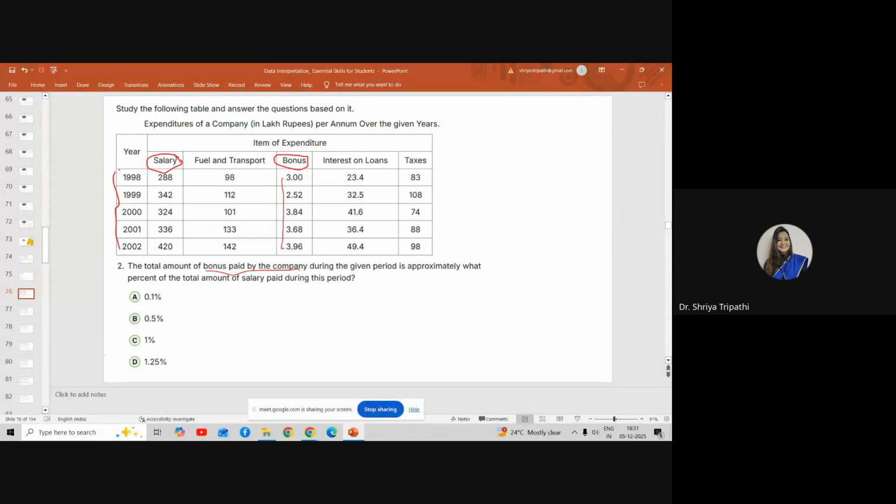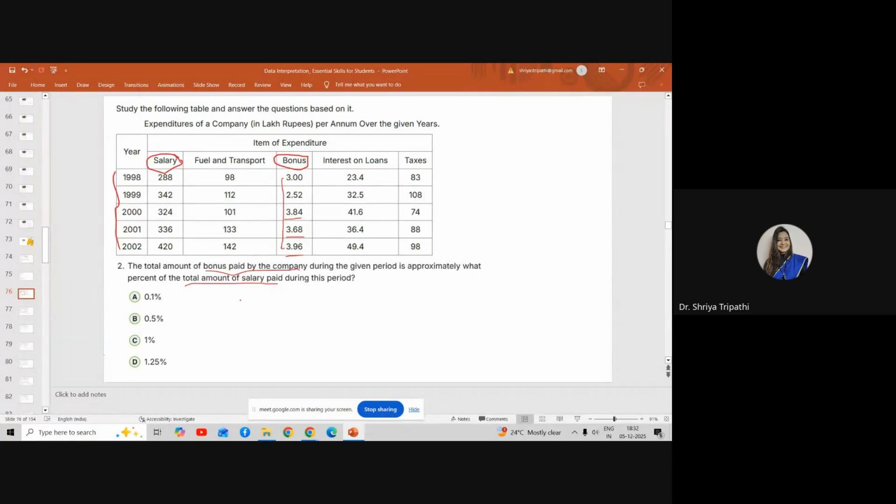During the given year means we'll consider all these years, is approximately what percentage of the total amount of salary paid? Now here I have to focus on these two columns. First they are asking bonus, so we will add all the bonus. We'll add 3 plus 2.52 plus 3.84 plus 3.68 plus 3.96. That will give me total bonus.